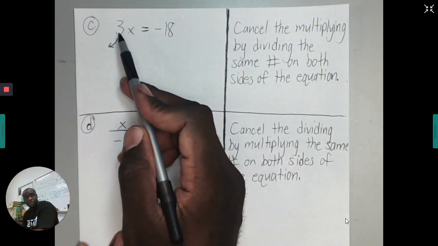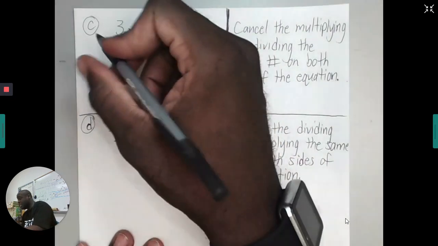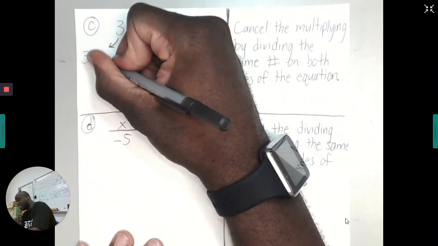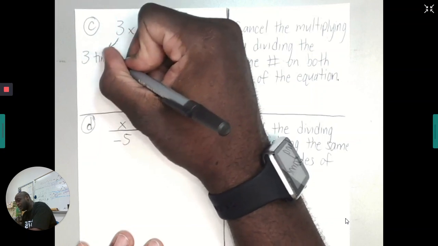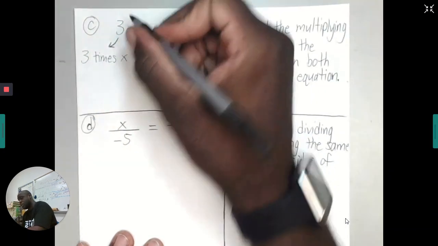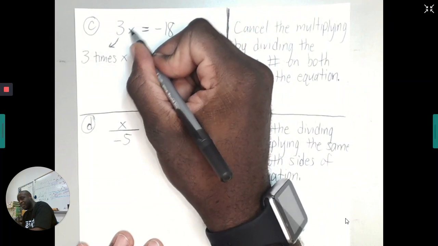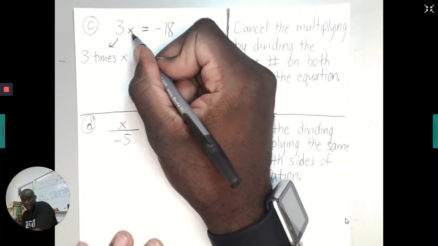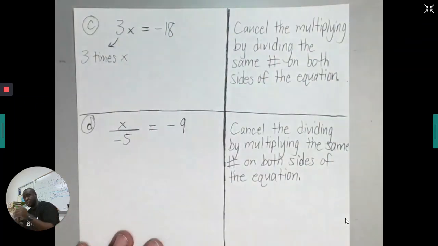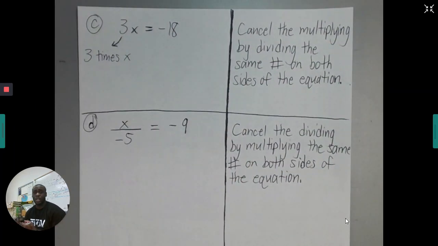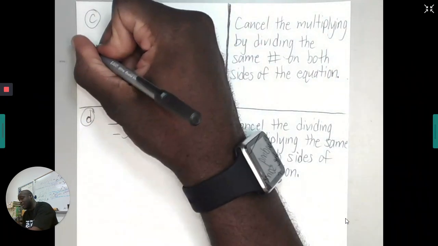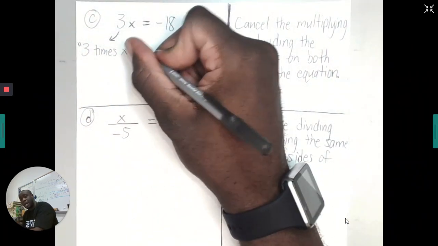So 3 is the coefficient for x, but what that means is that we have 3 and it's being multiplied times x. When you see a number directly beside a variable with no operation symbols in between, like 3x, that is multiplication. So to solve this equation, we have to cancel the multiplying by dividing the same number on both sides of the equal sign.